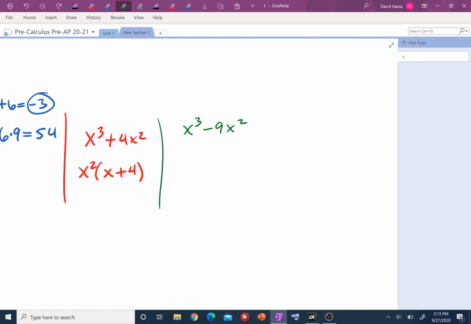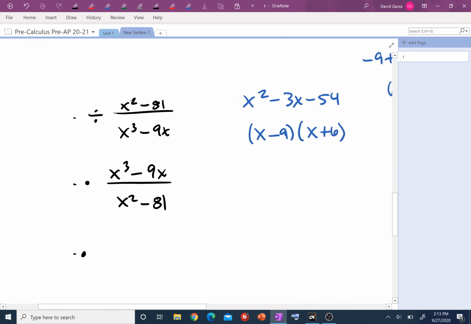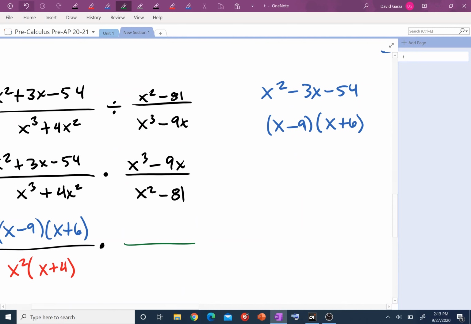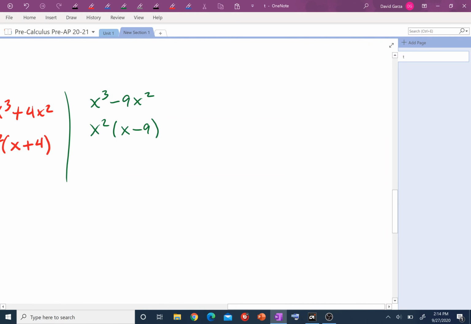We can factor out x to the second power. x to the second power times x gives me x to the third power, and x to the second power times 9, keeping the negative sign, gives me minus 9x squared. So that one was pretty easy. So I have times x squared, x minus 9, divided by the last one, which is x squared minus 81.